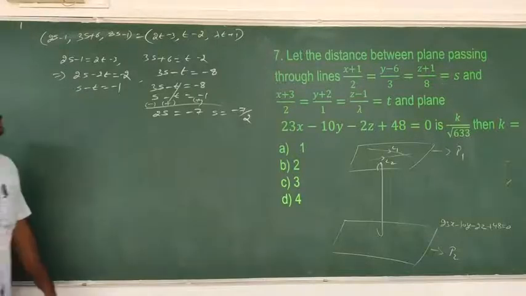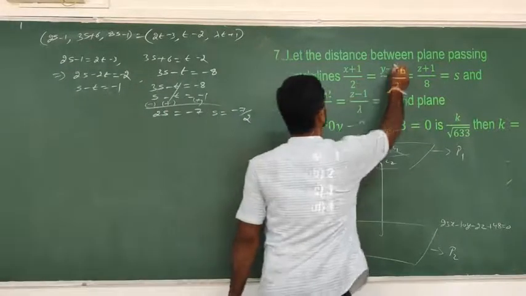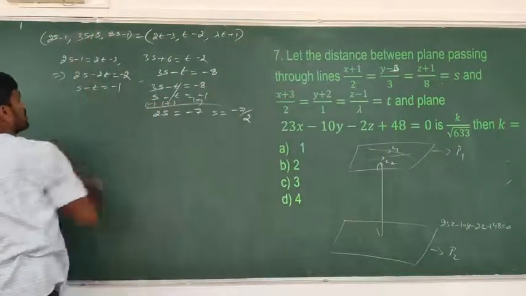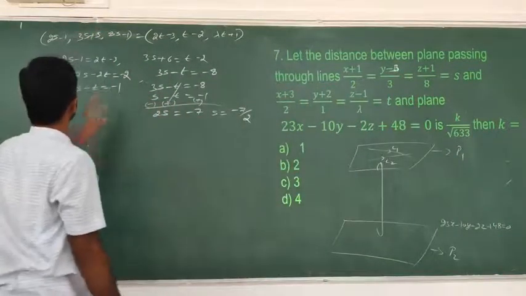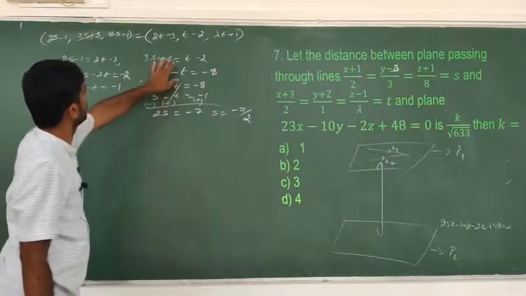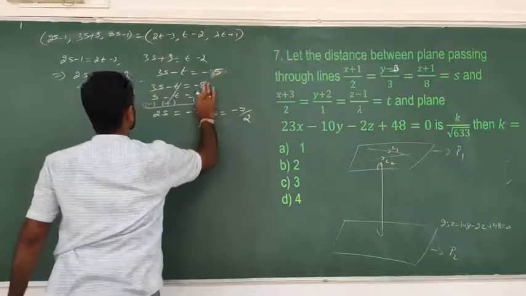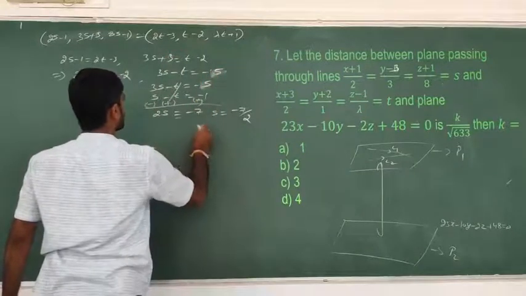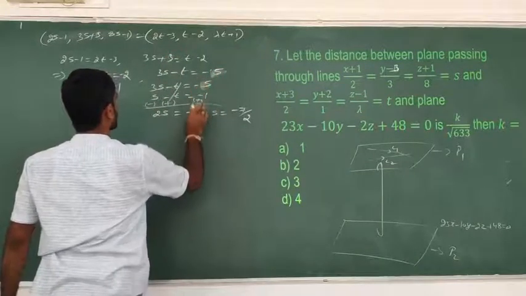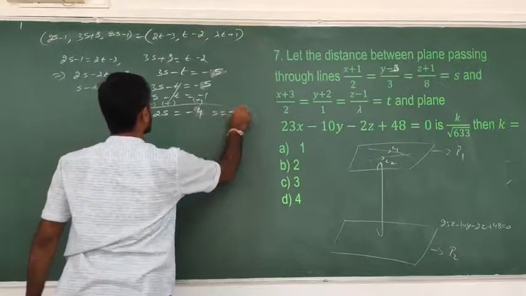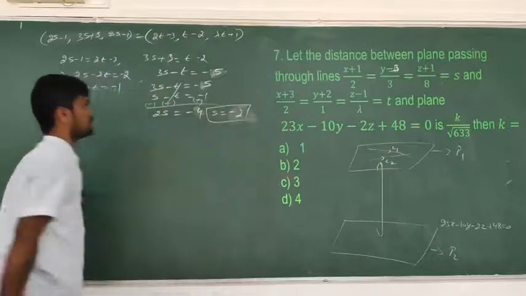So this is not 6, this is 3. Okay, then we transfer 3 to that side, we have minus 5 and this also minus 5. Then minus 5 plus 1 is minus 4. Then the value of s is minus 2. The value of s is minus 2.